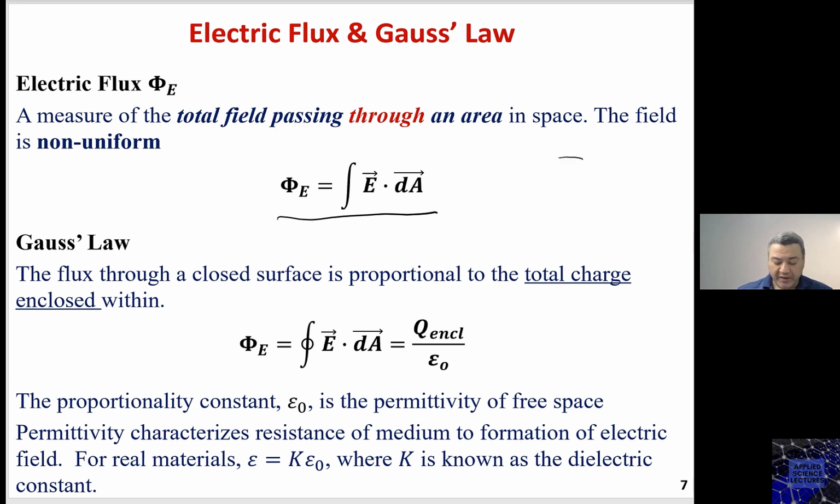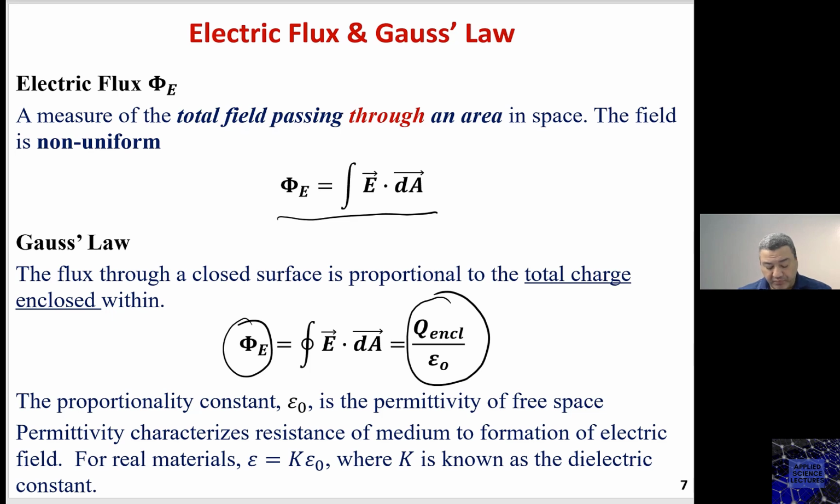So Gauss's law, as I said, says that the flux through a closed surface equals the charge enclosed divided by the permittivity of the medium. And for the case of free space, it will be epsilon naught.